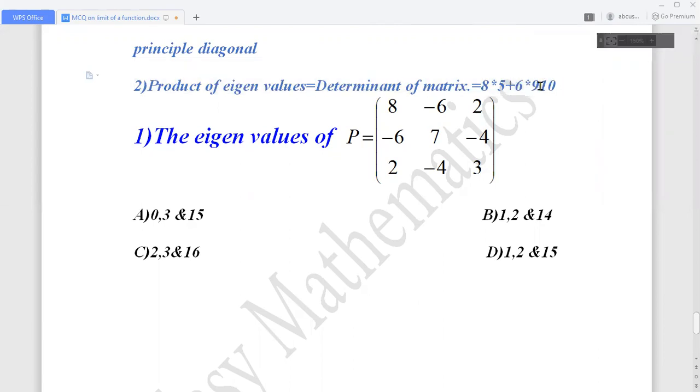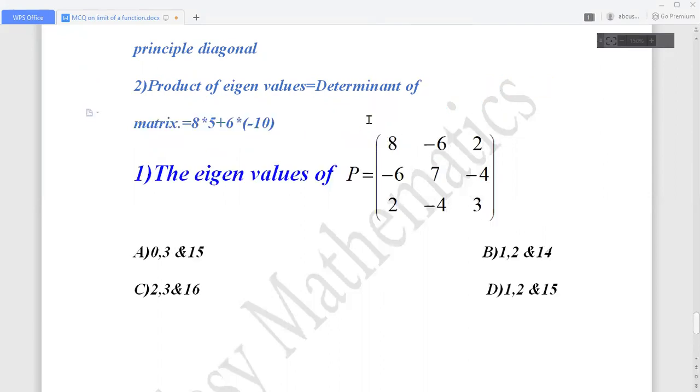The 6 has the positive sign, because we have to take the signs plus, minus, plus, so minus times minus gives plus 6. So 6 times negative 10, where negative 10 comes from the minor of negative 6.